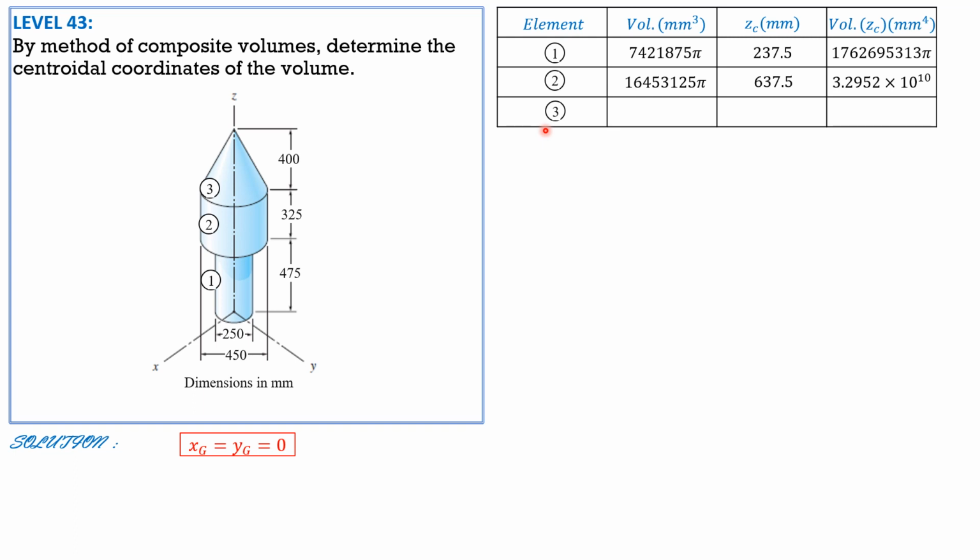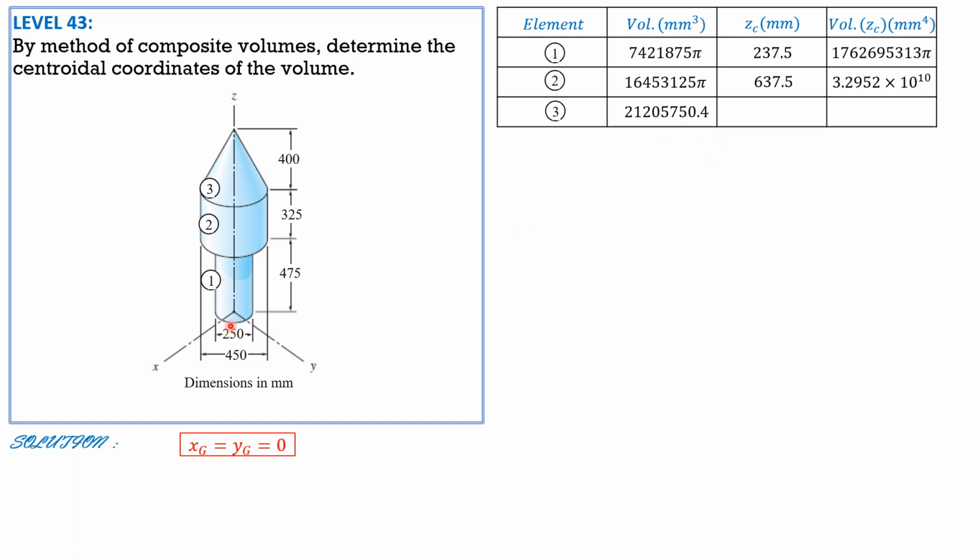Then for element 3, the volume, because this is a cone, is pi r squared height over 3, where the radius is 225 again. So pi times 225 squared times 400 over 3 is 21,205,750.4.